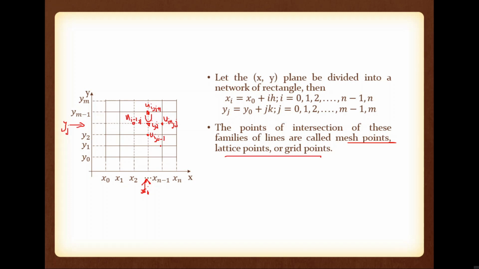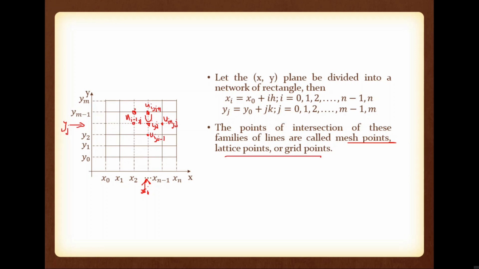Is it okay? So this is the way we are labeling, or using this index. If I take this one as ij, then this is i plus 1 comma j, this is i minus 1 comma j, this is i comma j plus 1, and this is i comma j minus 1. Or if you are asking about this point, with respect to x this one is a previous point, and with respect to y this one is a next point.